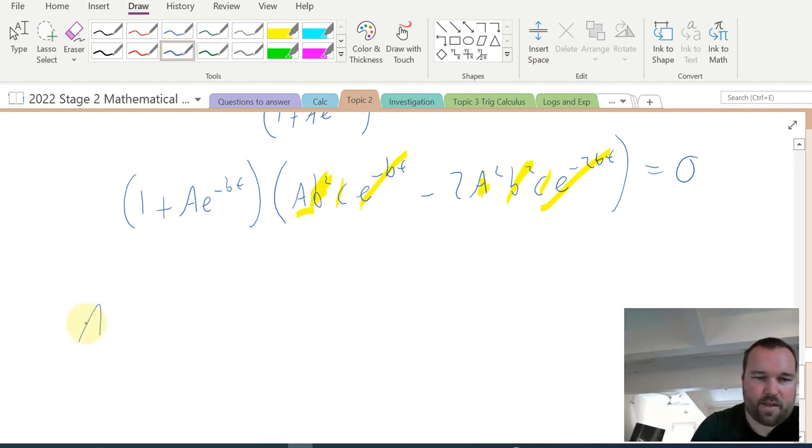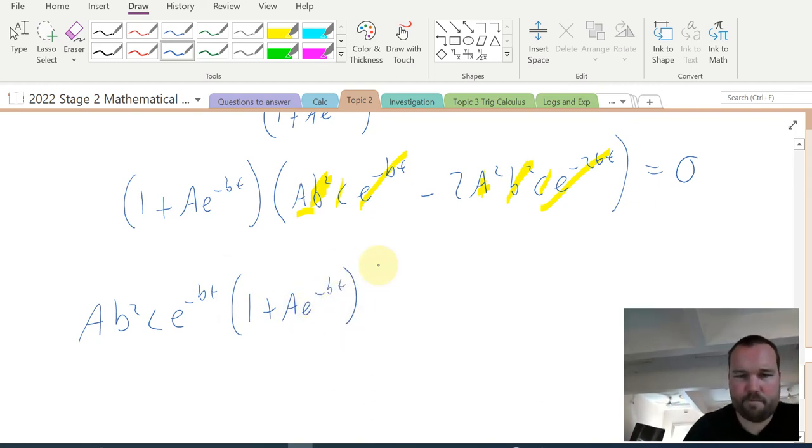We can take one of the a's, we can take b squared, we can take the c, e to the minus bt. 1 plus ae to the minus bt. All right, let's see what's left here. We took that entire thing out, so that's left, minus 2. One of the a's was left.